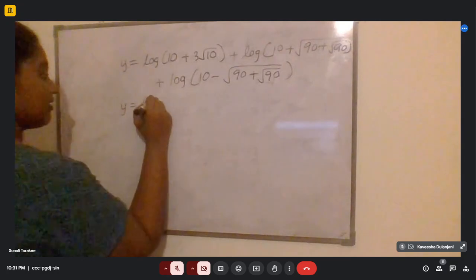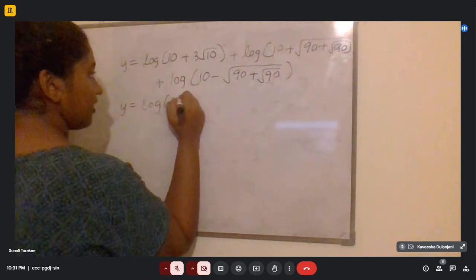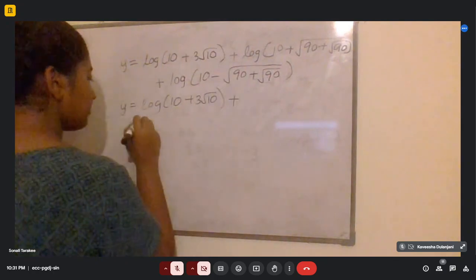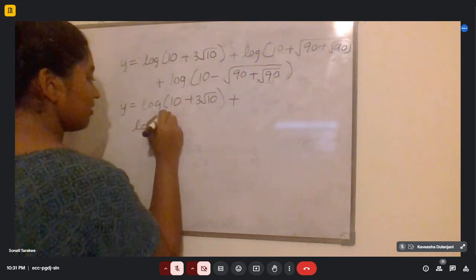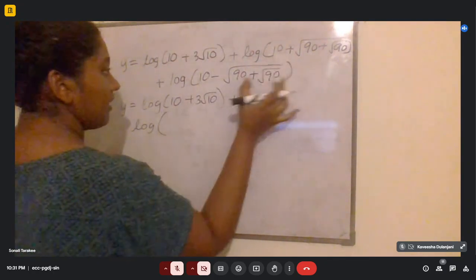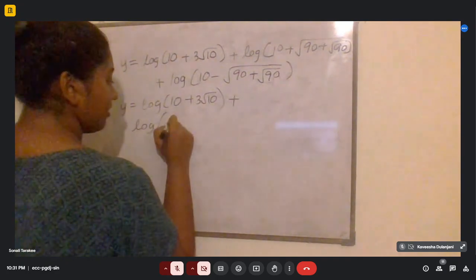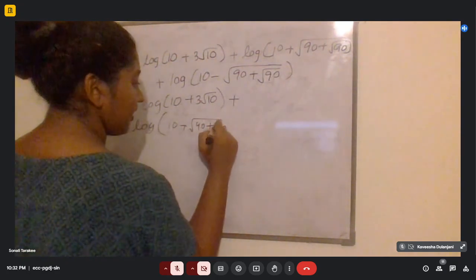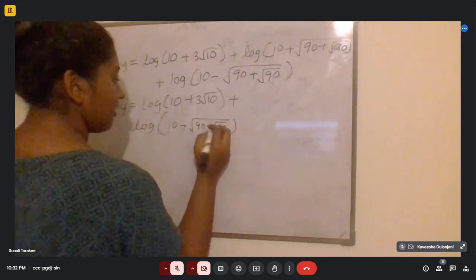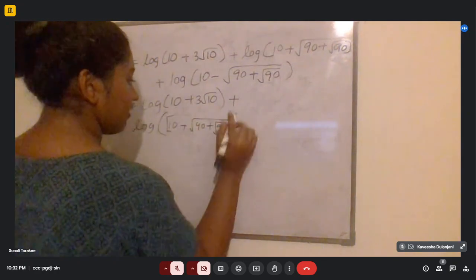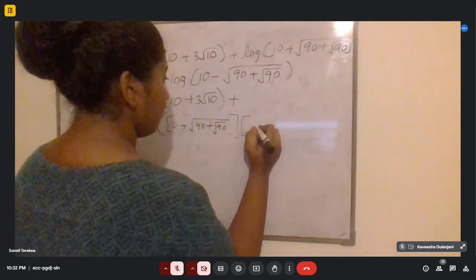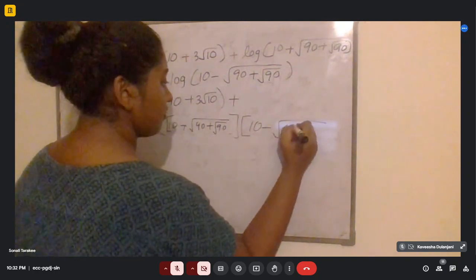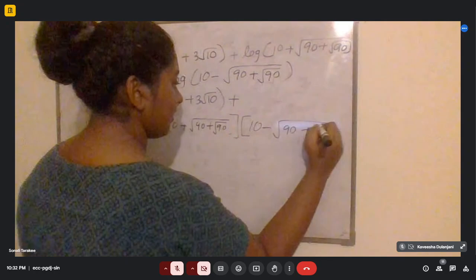That means log 10 plus 3 root 10 plus log, here this one and this one can be multiplied: 10 plus 90 plus root 90 into 10 minus root 90 plus root 90.